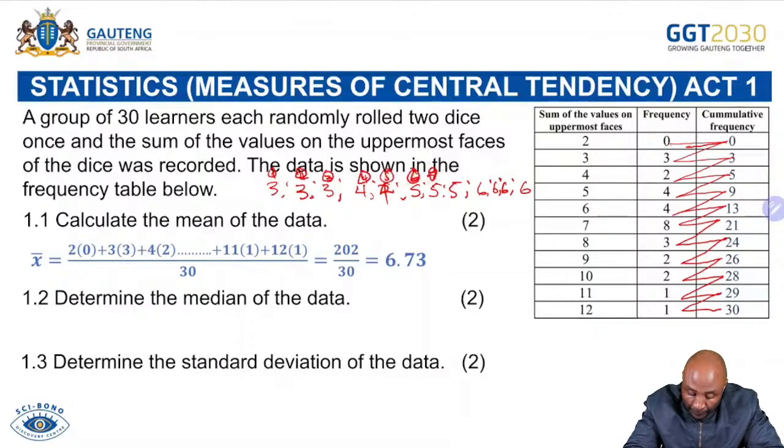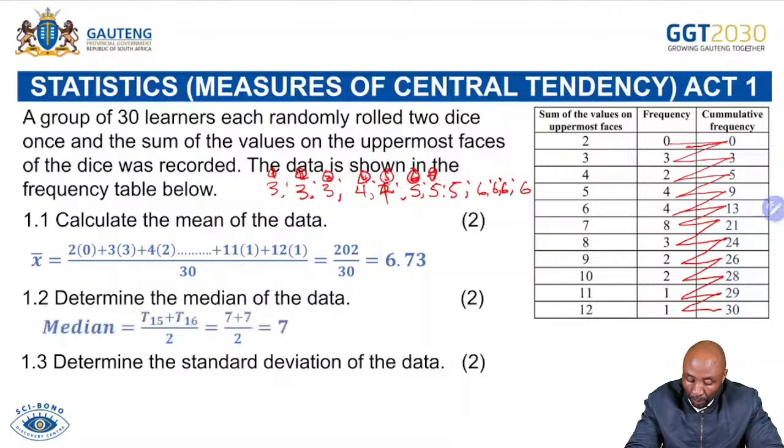To determine the median, we have 30 data items. Remember we said the median position is 1 over 2 times n plus 1, and our position will be 15,5, which means our median should be between position 15 and position 16.